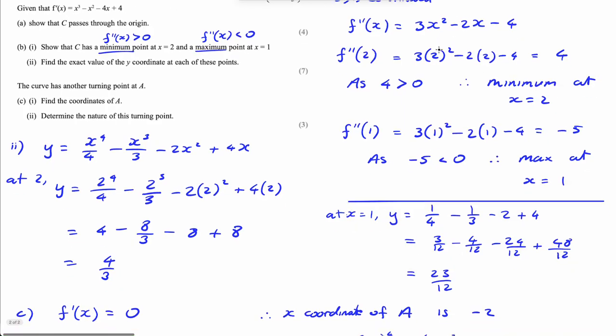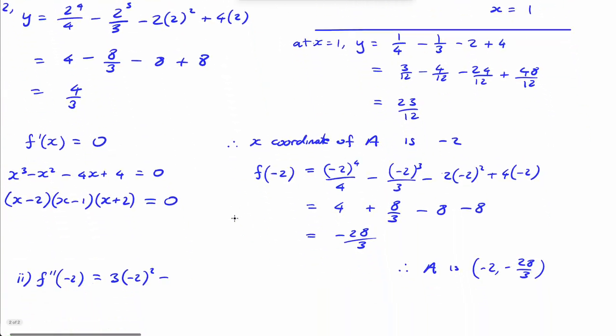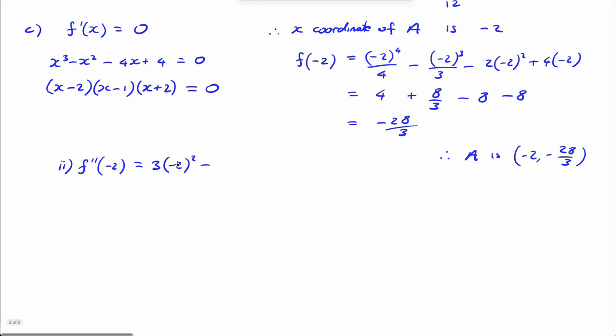So it's 3x squared minus 2x minus 4, which is 12 plus 4 minus 4, which is 12, which is greater than 0. Therefore, it is a minimum point. Okay, that is question 9.